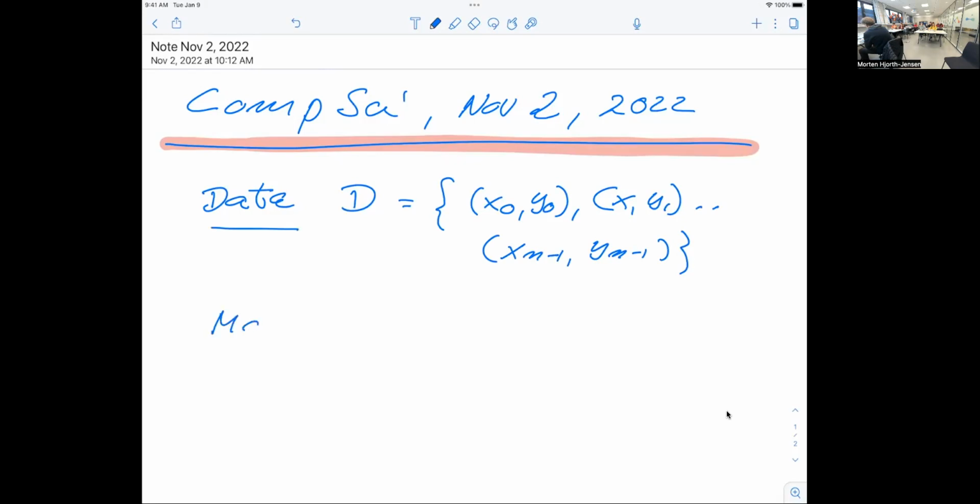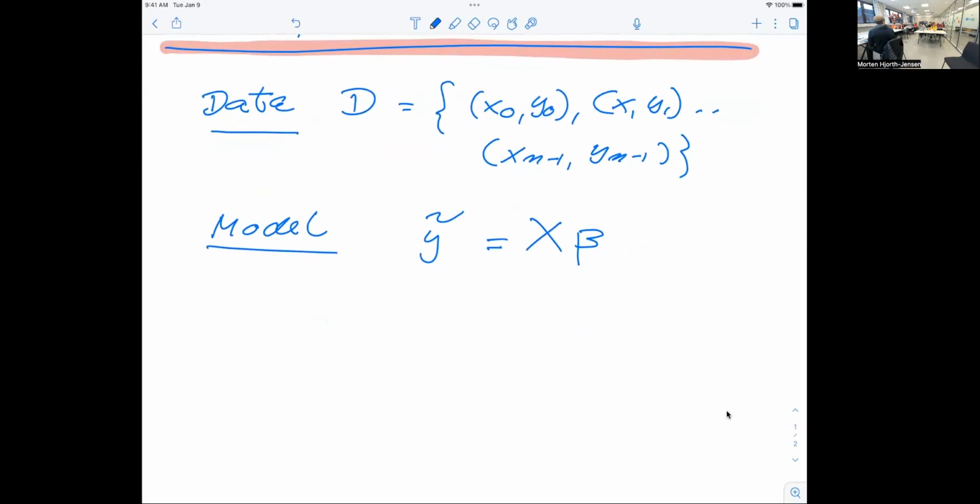Then we made a model. And in that model, we assumed that the function we want to set up is something which has a linear dependence on the unknown parameters of the model. And we define that in terms of a matrix X, which we call the design matrix. And so the beta are the parameters, or the estimators of the model.